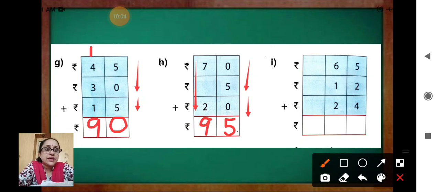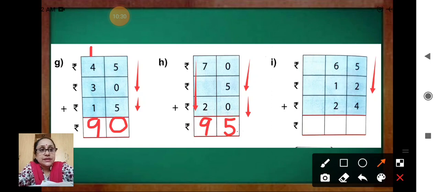Now question I. We have to add rupees 65 plus rupees 12 plus rupees 24. First 5 plus 2, 7. Then 7 plus 4. Count slowly.